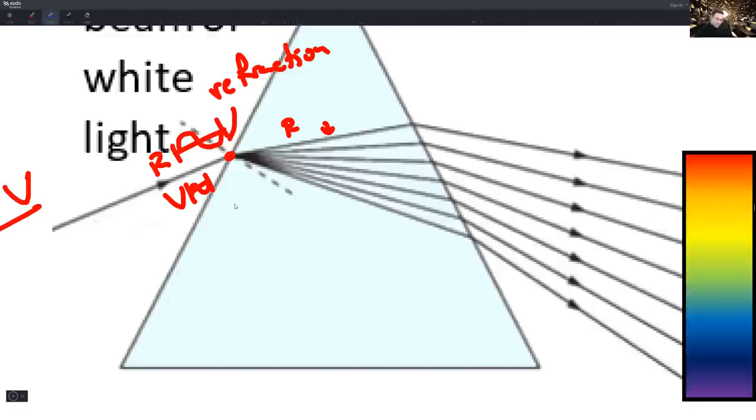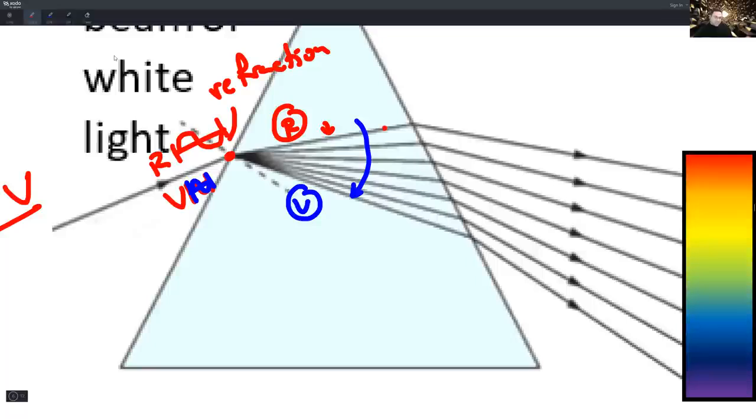Whereas violet has a short wavelength, so when it goes inside the glass, it slows down a lot. So it bends a lot. This is exactly what happens to every single color.